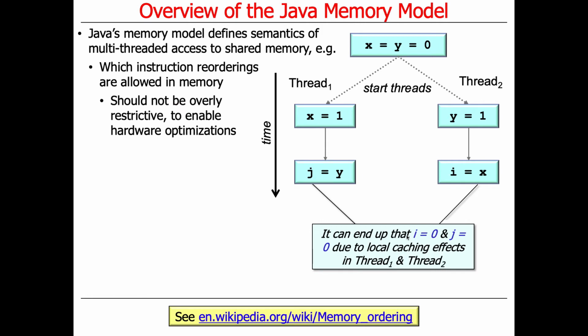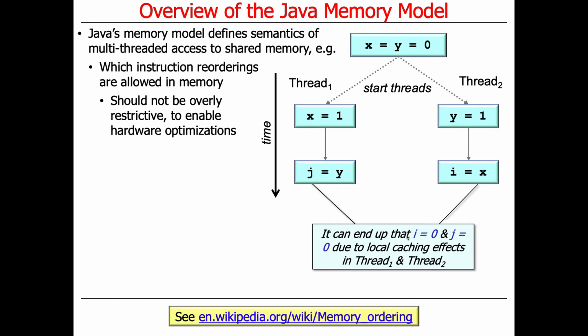Here's a simple example. X and Y are fields that are assigned to 0, and then thread 1 and thread 2 are going to run in parallel or concurrently, and they're going to do several things.